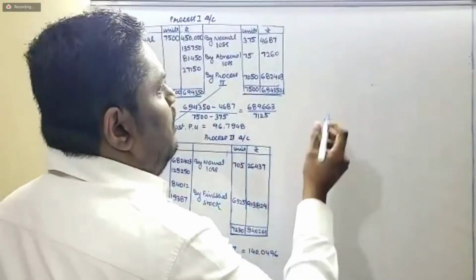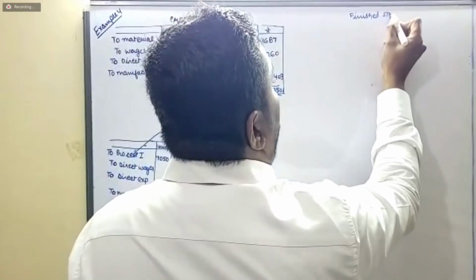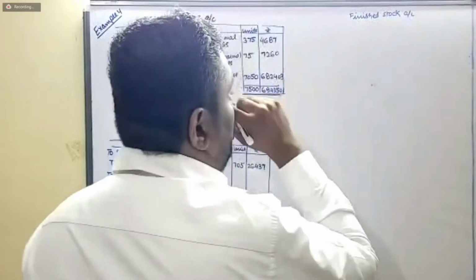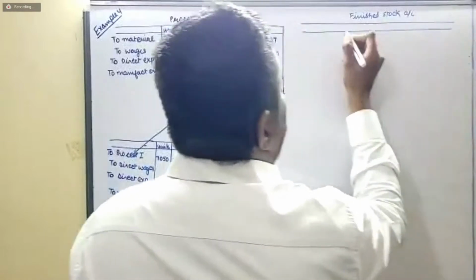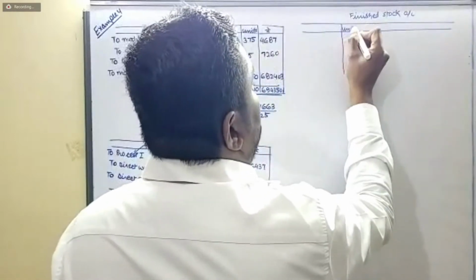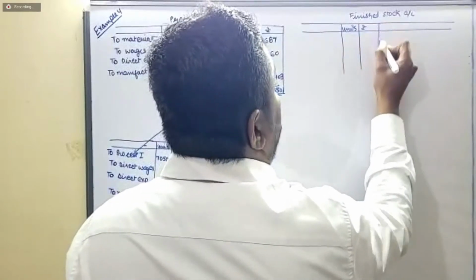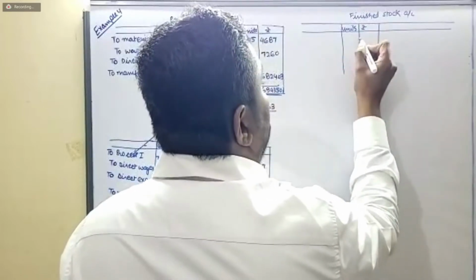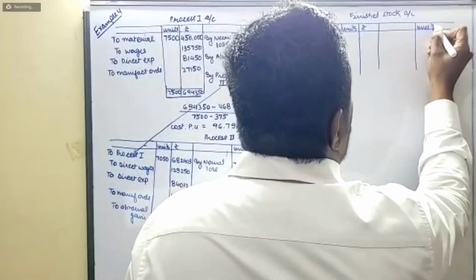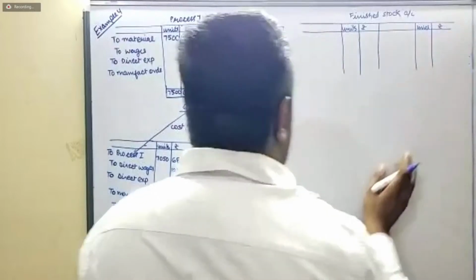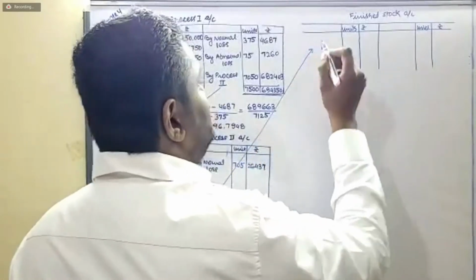So this is how process second account is to be prepared. Now I'll prepare the third account, that is finished stock account. The output of process second is to be transferred to finished stock account.